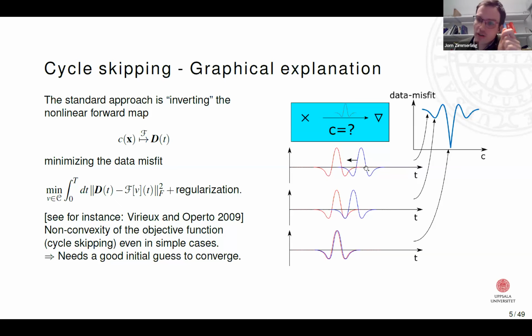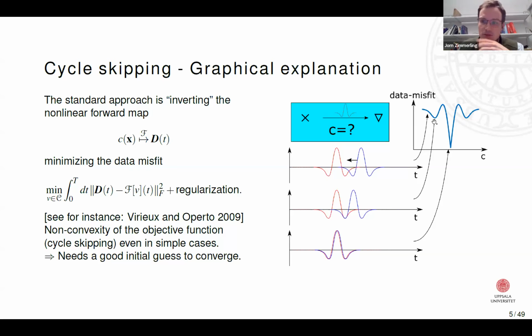And so you can think of the speed c as a way to shift the blue wavelet left or right. If you compute the data misfit, which I've done in the top right corner, you will see that as soon as the small negative bumps of the measured and the modeled wavelet overlap, you get a local minimum.